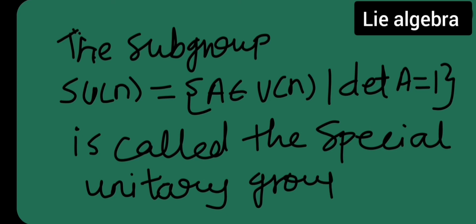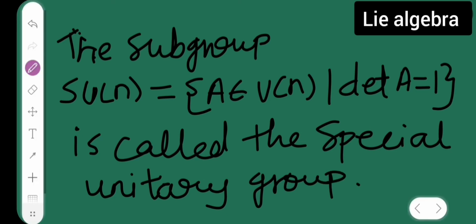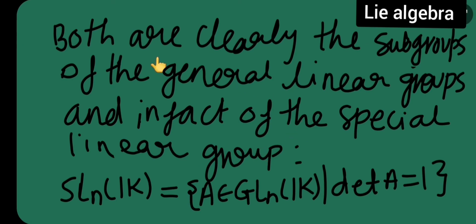So these are some of the definitions which you all have to know. Next, both the special orthogonal group and the special unitary group are clearly subgroups of the general linear group, and in fact of the special linear group. SL(n, k) is equal to the set of A belonging to GL(n, k), where determinant of A is equal to 1.